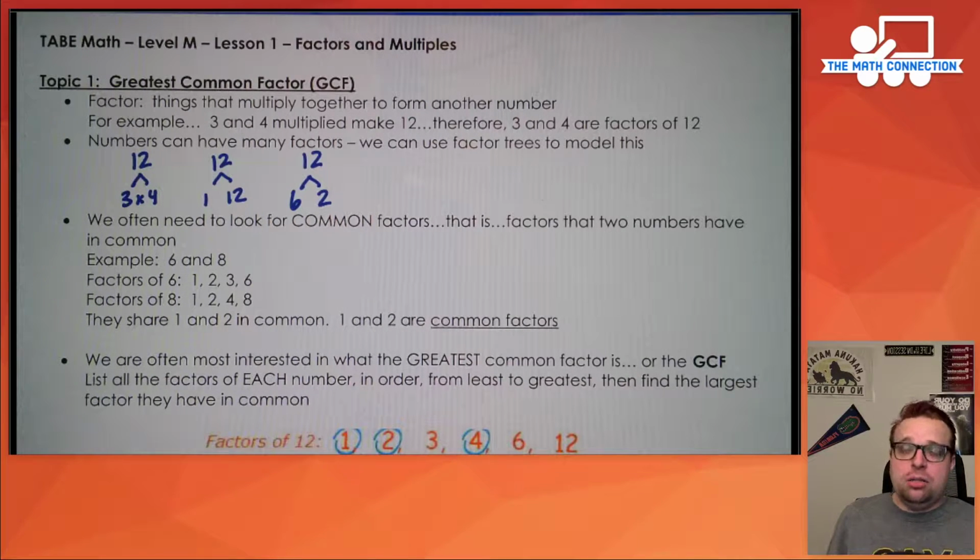Sometimes, actually very often in math, we need to look for common factors that two different numbers have in common. The example given here is the number 6 and the number 8. We're looking at all the different things that multiply to give us 6, and in a separate list, all the different things that multiply to give us 8. Then we look at the two lists and try to see what factors they have in common.